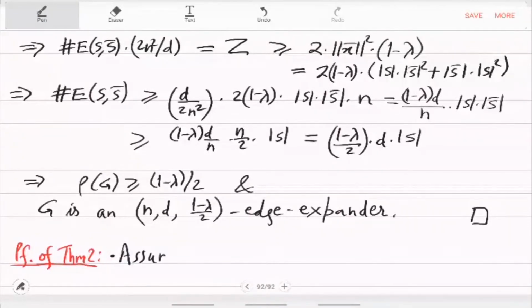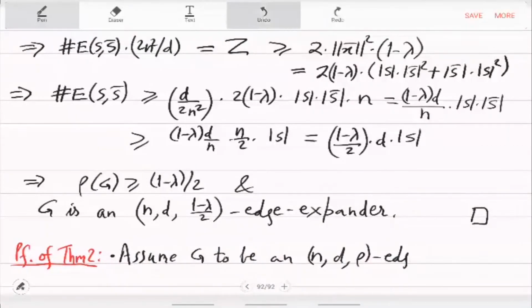So now assume G to be an (n, d, rho) edge expander. Given this combinatorial property, now we want to estimate the second largest eigenvalue of the graph.